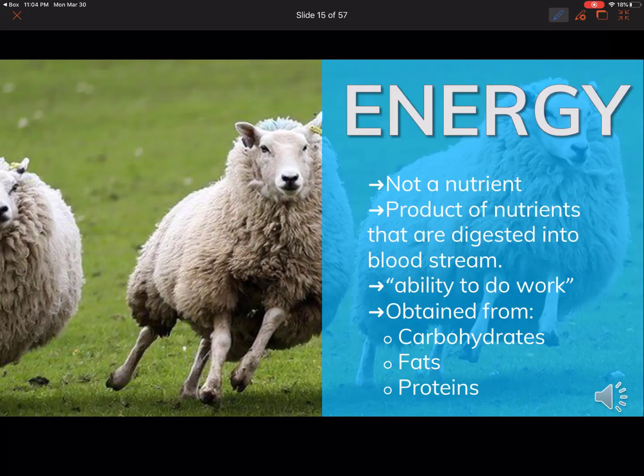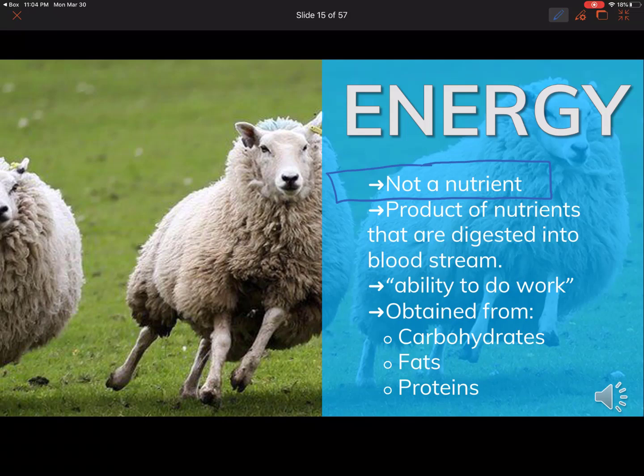Before we get into nutrient functions, I want to be very clear that there will be quite a few nutrient categories, so carbs, fats, and proteins that you're seeing at the bottom of this slide, that actually help the body do work or give the body energy. Energy is defined as the ability to do work. It is not a nutrient, so sometimes it gets a little confusing.